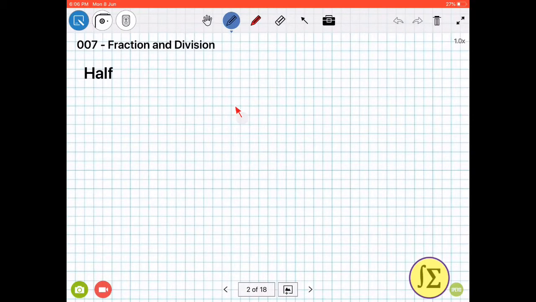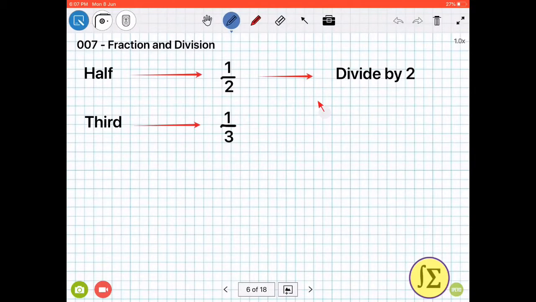Alright, so let's look at other fractions. For a half, we know half is 1 over 2. That means half of a number is you take that number and divide it by 2. For example, half of 8 is 4, right? So we take 8, divide by 2, you get 4. Similarly, for a third, it's 1 over 3.